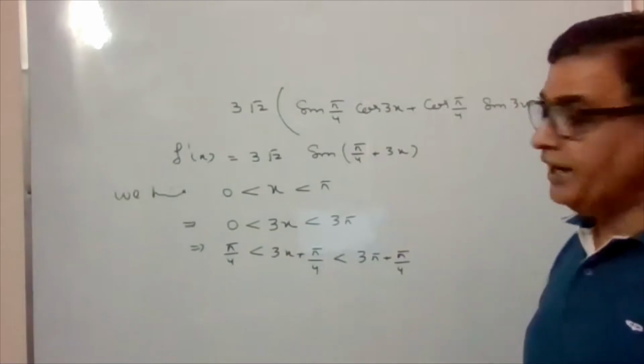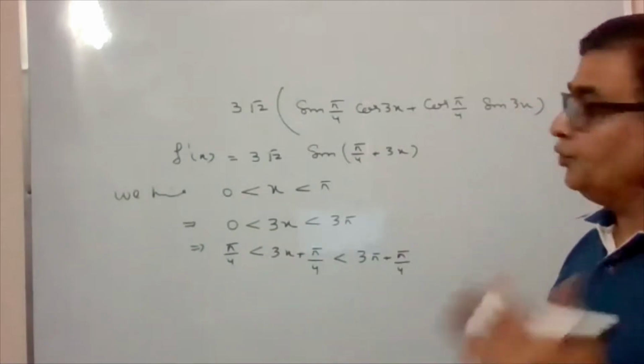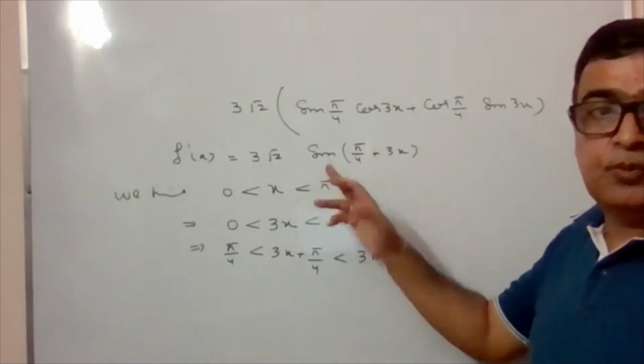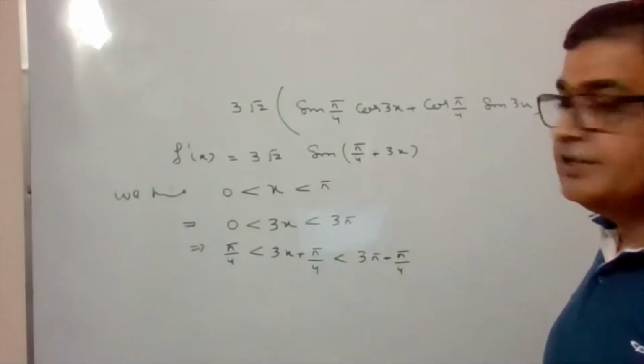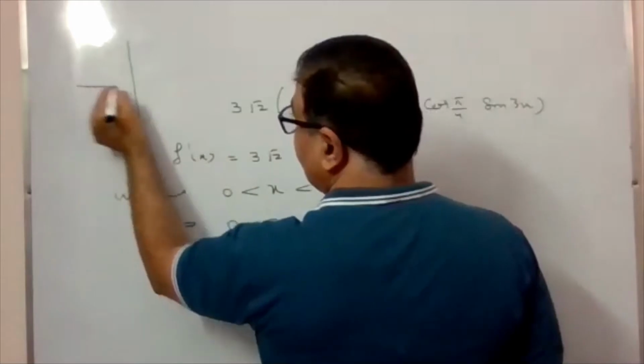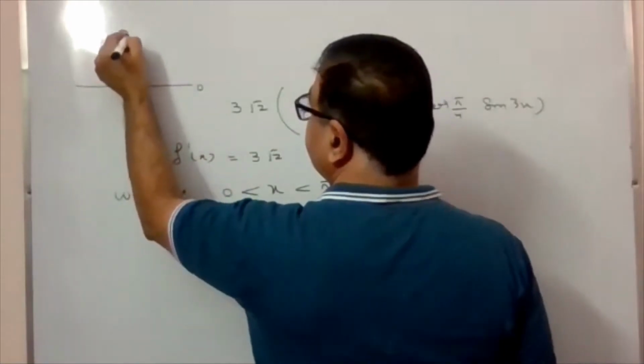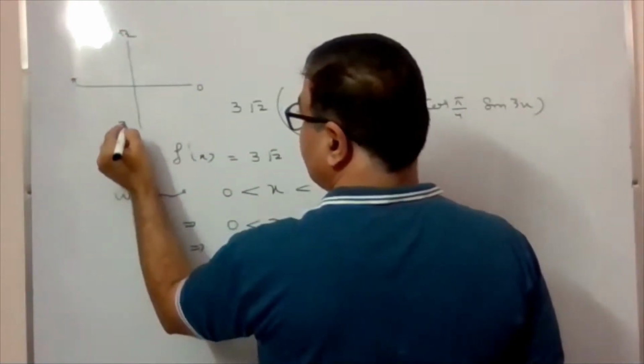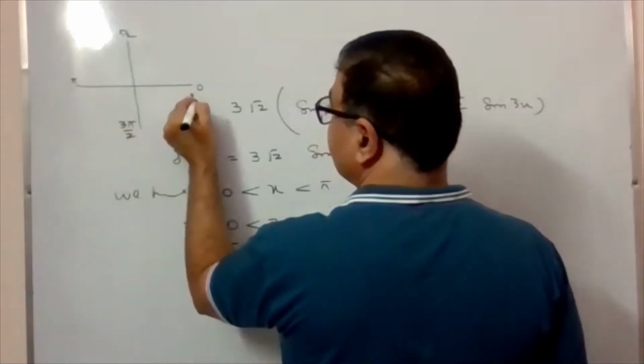So now we should check where this interval goes, and according to that we will decide where the sign is positive or negative, and accordingly say it is increasing or decreasing. So here it is 0, pi by 2, pi, 3 pi by 2.